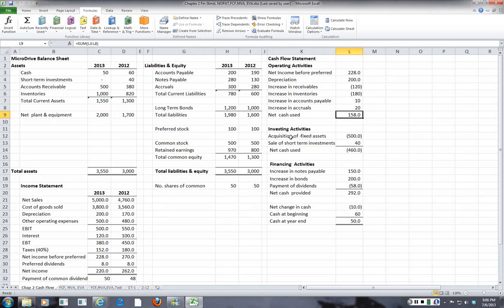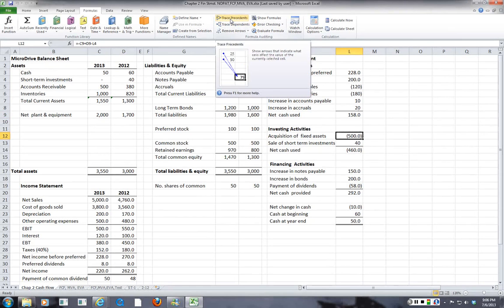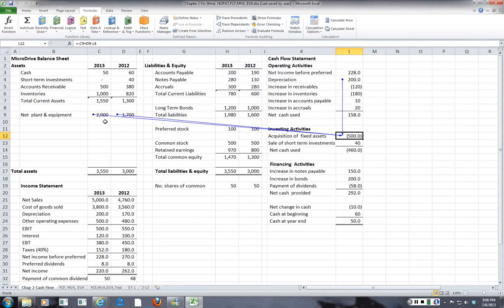Next, we take a look at the investing activities, and the big number here is $500,000 of an increase in fixed assets. Where does that come from? You can see that the net plant and equipment goes from $1.7 million to $2 million.